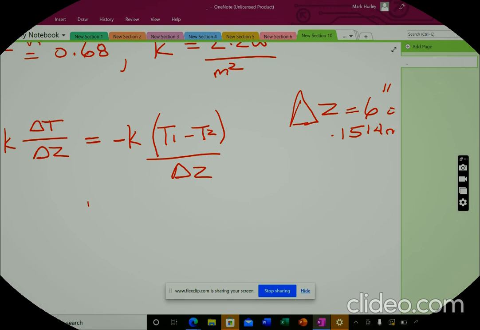So in this case, this equals negative 2.2 watts per meter squared Kelvin. I believe that should be Kelvin.